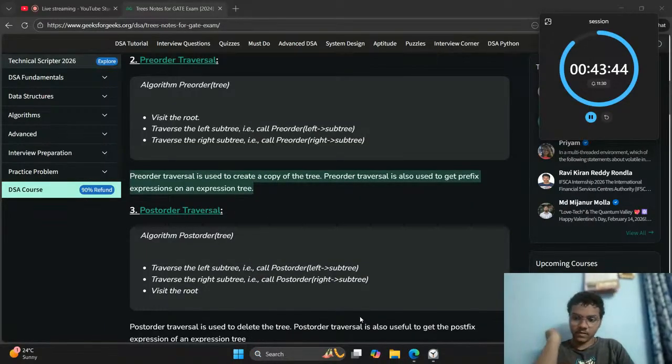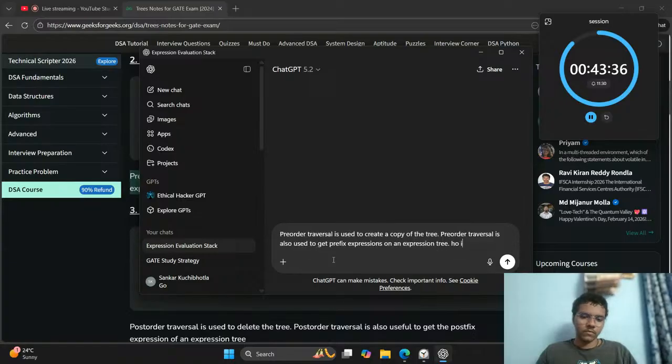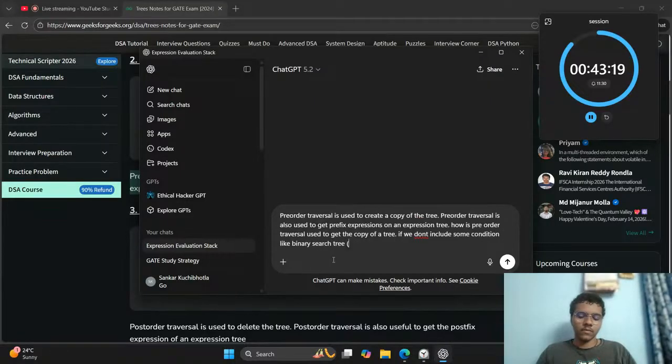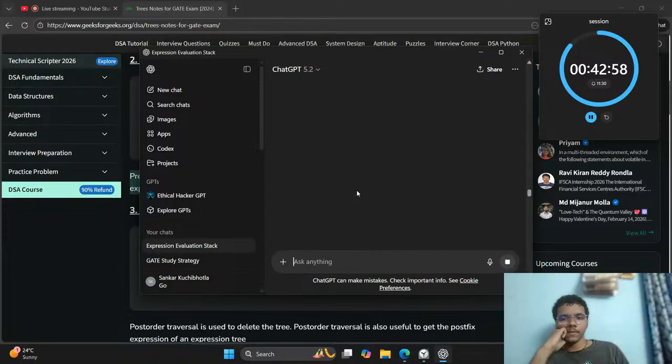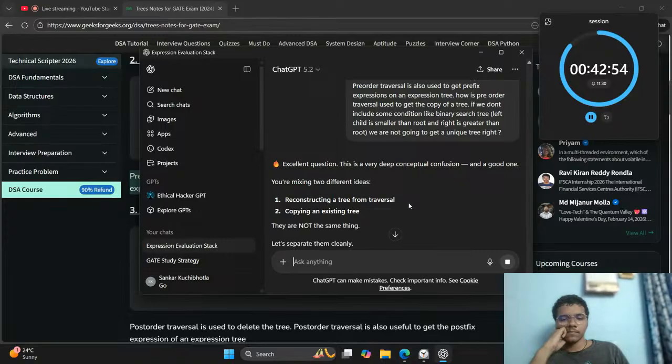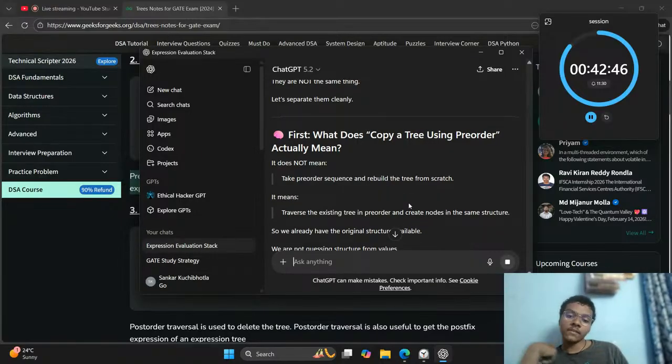How is pre-order traversal used to get a copy of a tree? Copying a tree using it does not mean take the pre-order sequence and rebuild the tree from scratch.